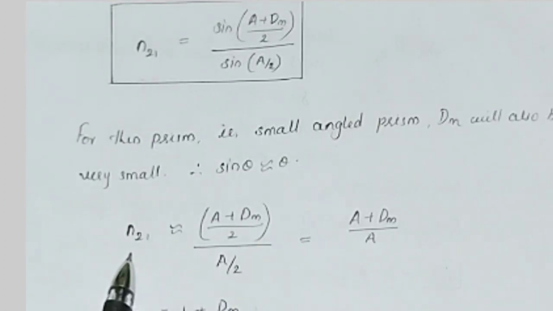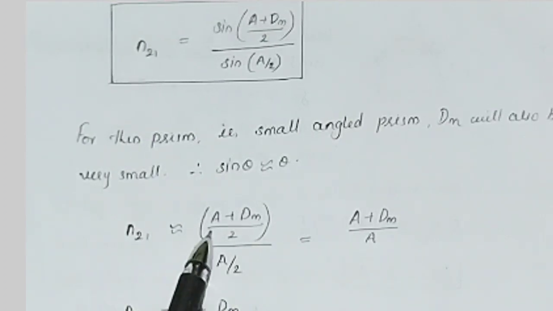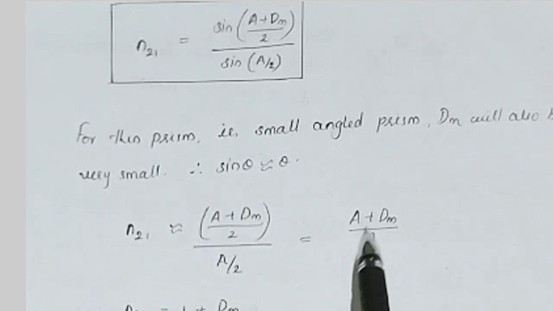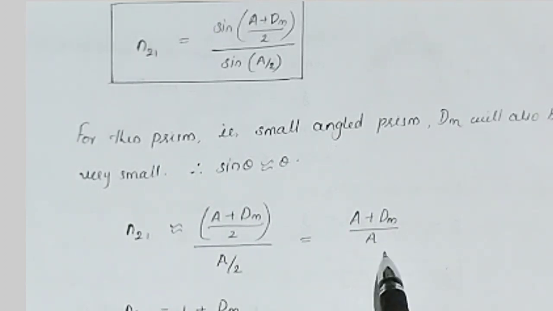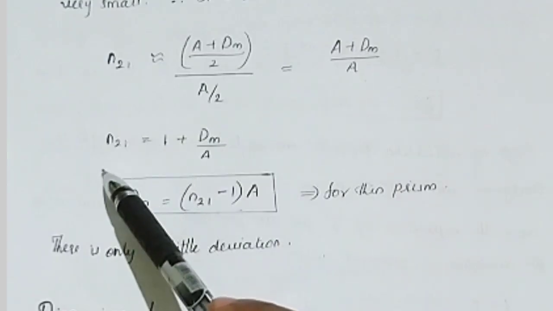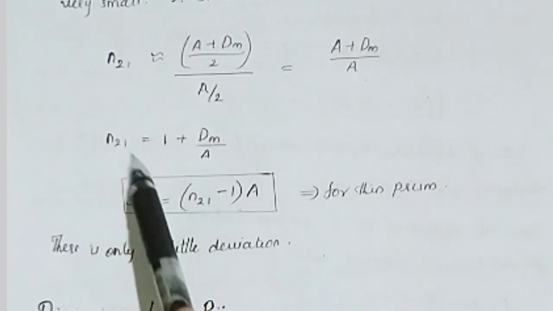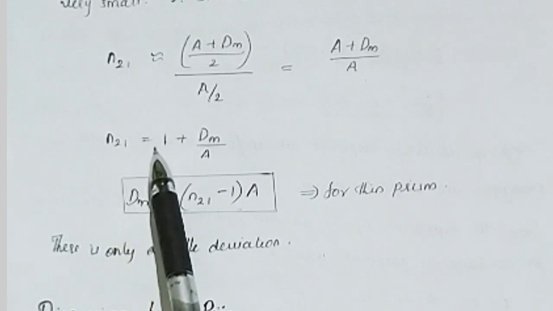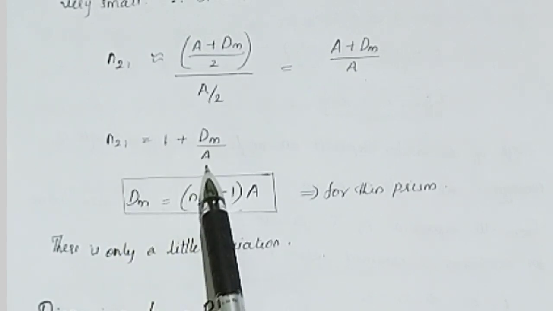Therefore, the expression for refractive index now becomes (A plus Dm) by 2 divided by A by 2, which can be written as (A plus Dm) by A. Thus, we obtain the expression for refractive index by approximation as 1 plus Dm by A.